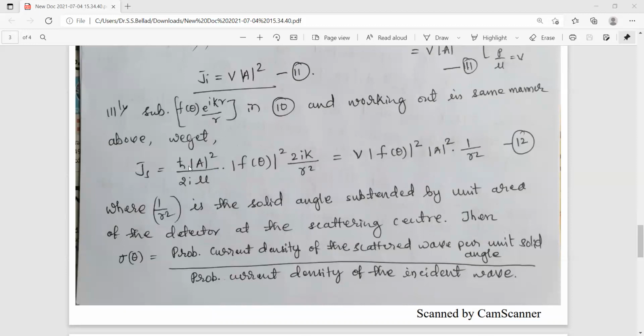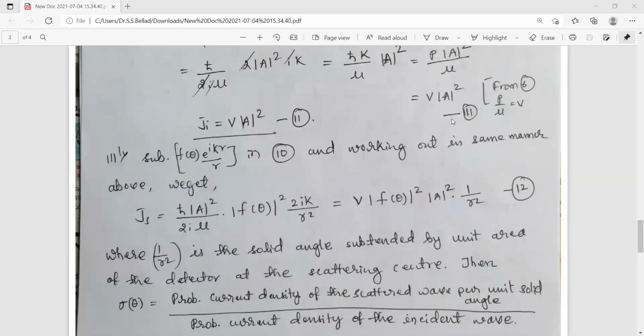Again, this h cross k you write as the momentum P, and P divided by mu, since h cross k is momentum, that is P. P by mu is again V. So here V is the velocity of the particle, and there is F of theta square, and mod A square into the 1 by R square.